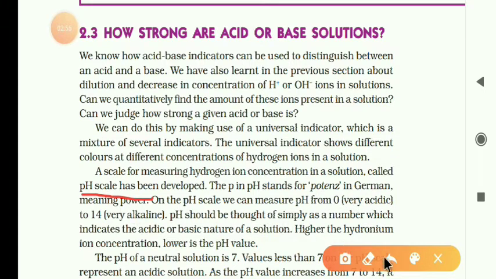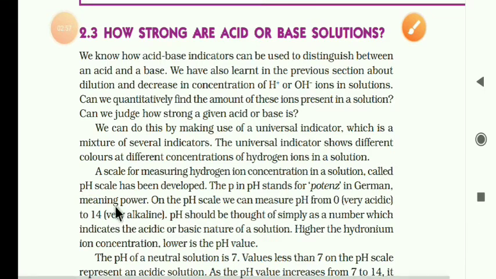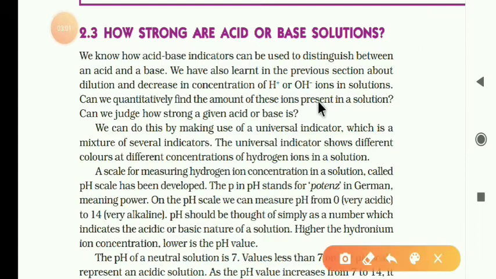On the pH scale, we can measure the pH from 0, very acidic, to 14, very alkaline. pH should be thought of simply as a number which indicates the acidic or basic nature of the solution.